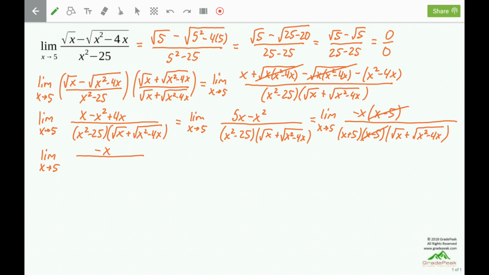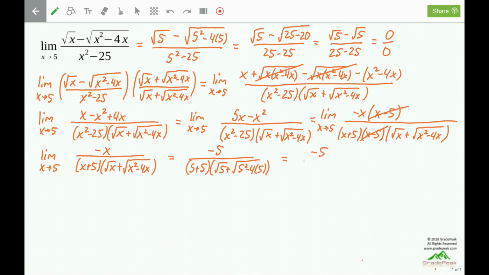And we have limit as x goes to 5 of negative x over x plus 5, times root x plus the root of x squared minus 4x. We can now try plugging 5 in for each of the x's. We'll have a negative 5 over 5 plus 5, times the square root of 5 plus the square root of 5 squared minus 4 times 5.